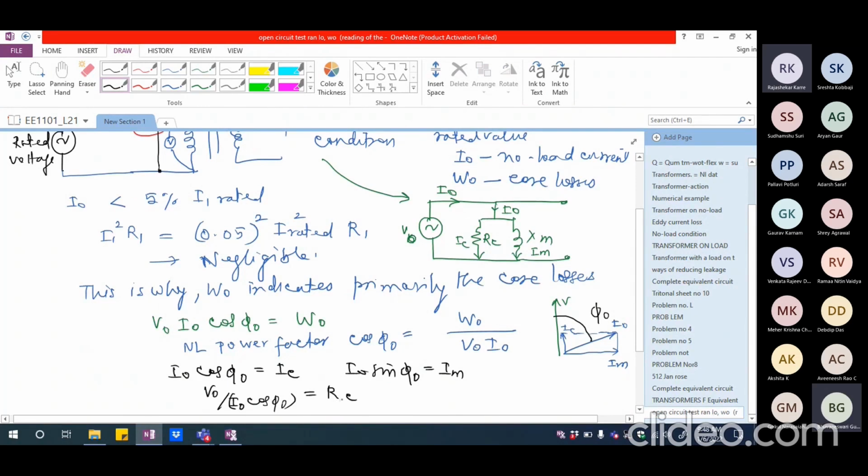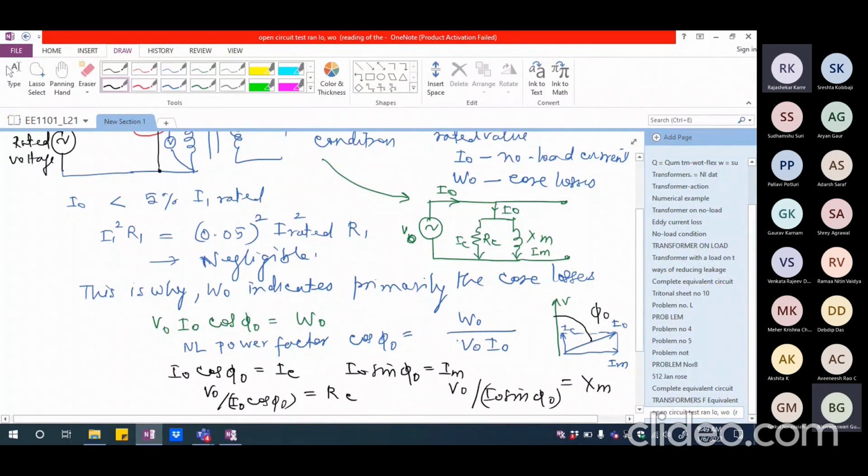So the core loss component can be easily represented by this RC. Similarly, V naught divided by I naught sin phi naught will give me XM. So I would be able to determine both XM and RC as well as core losses from the no load test or open circuit test of the transformer.